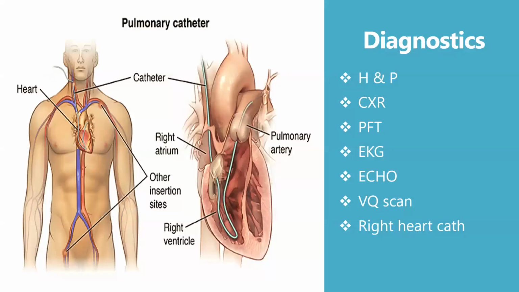So here, pulmonary catheter, on the left side of the picture, we see the heart, we're doing a heart cath. So diagnostically, we talked about that extensive H&P. What risk factors does your patient have? What signs and symptoms do they have?